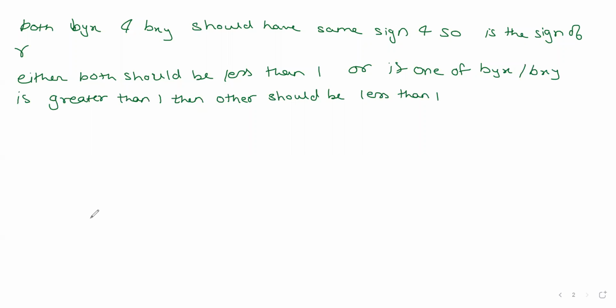So both byx and bxy should have the same sign, and the same is the sign of r. Either both are less than 1, or if one is greater than 1, then the other has to be less than 1, because r is the square root of byx into bxy. And r is always between plus and minus 1. And that is why this condition should be satisfied by byx and bxy.